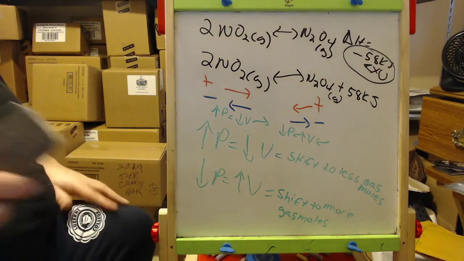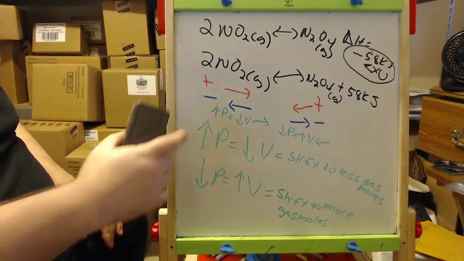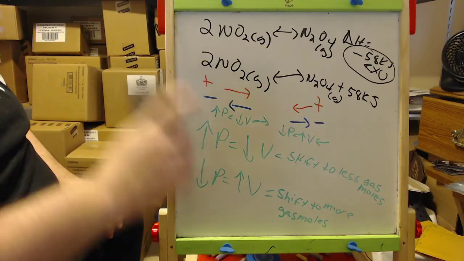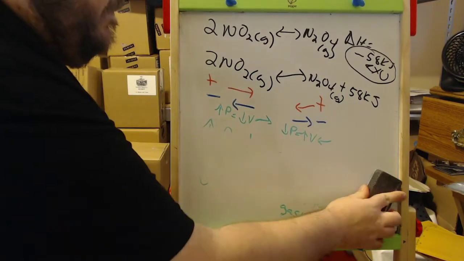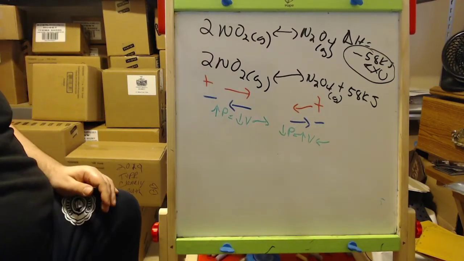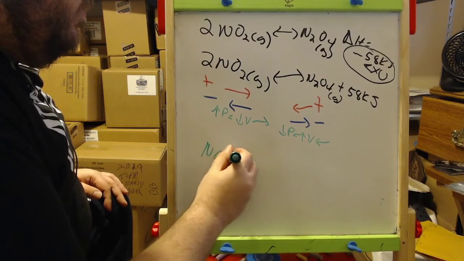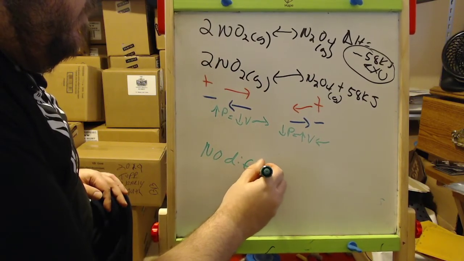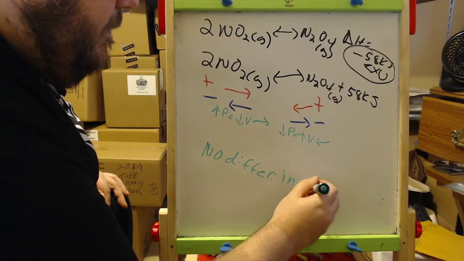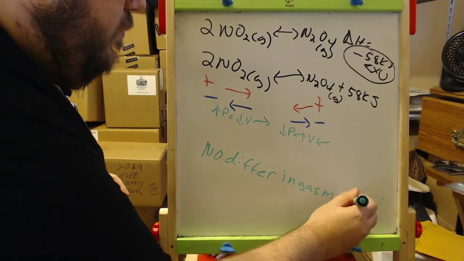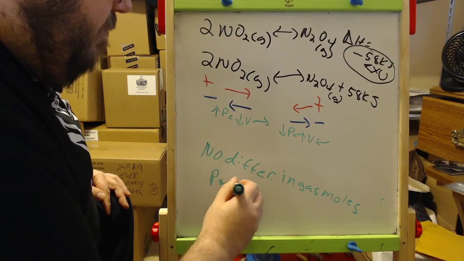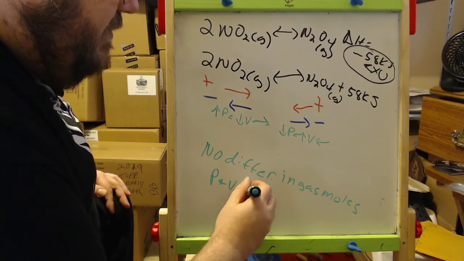All right, questions on pressure and volume. Now, the question is, well, what if this was 2 moles or this was 2 moles, or what if it was all aqueous solutions? If there's no difference in gas molecules, or gas moles, I should say, P and V won't have any effect.